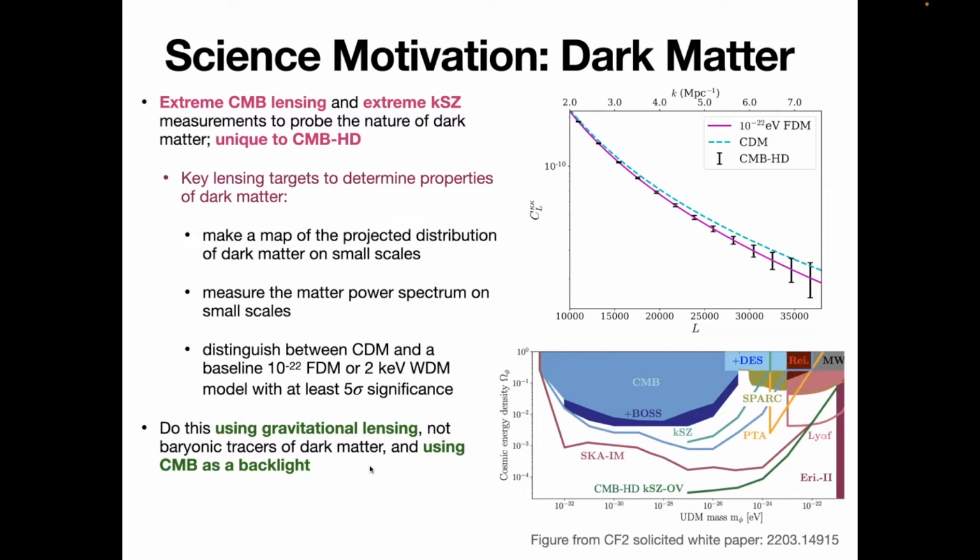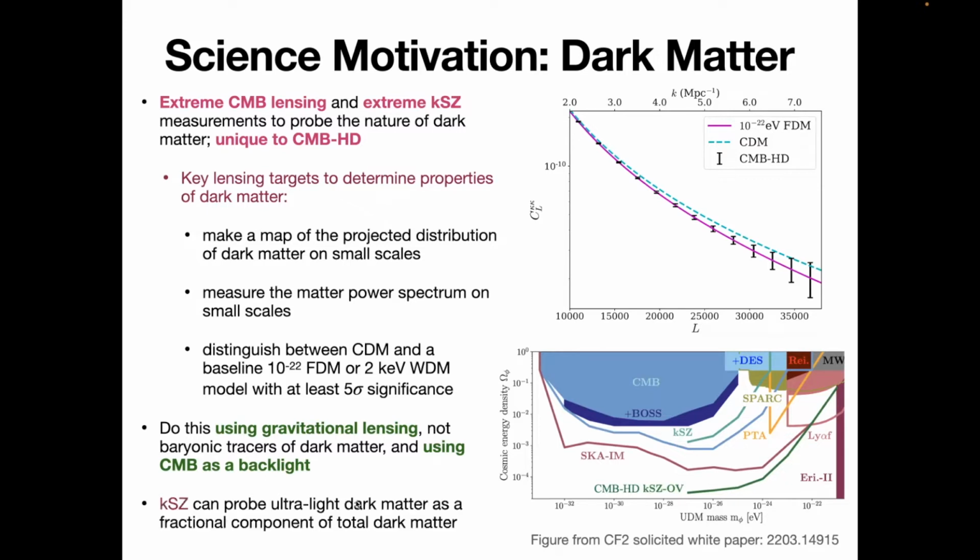The primordial CMB on these small scales is basically just a gradient, and it's behind every object. So there are a lot of advantages to using the CMB as a backlight to do weak gravitational lensing. And when you probe the matter power spectrum with gravitational lensing, there are no complications of using baryons to trace where the dark matter is.